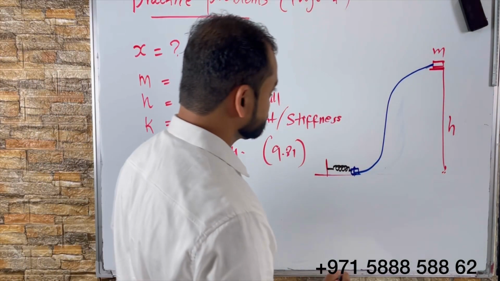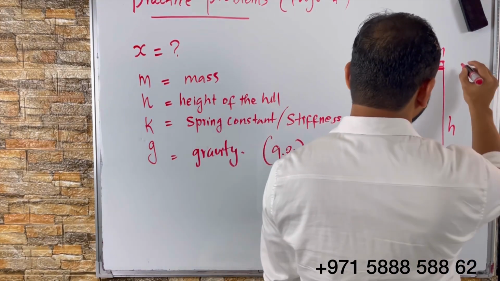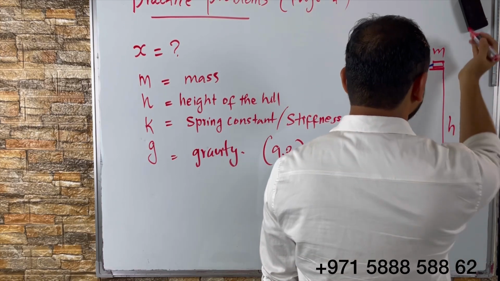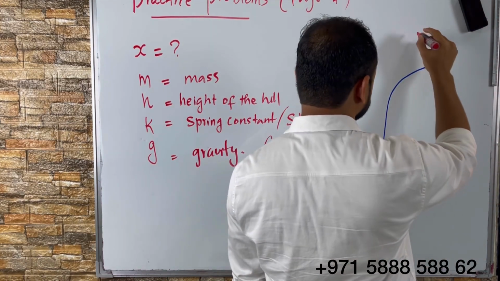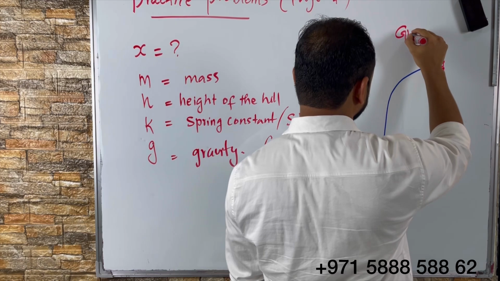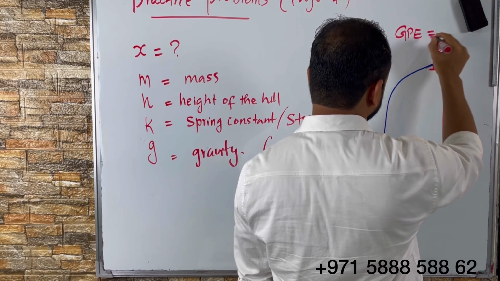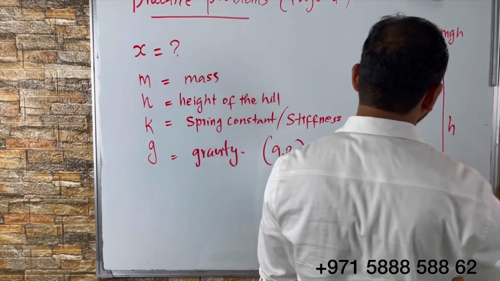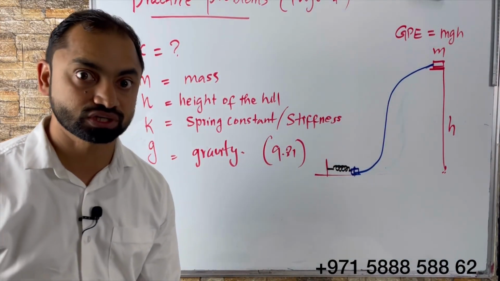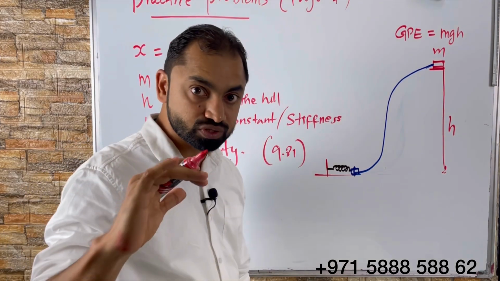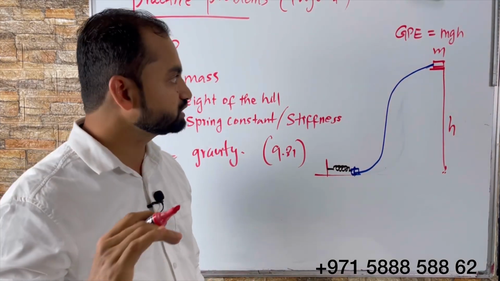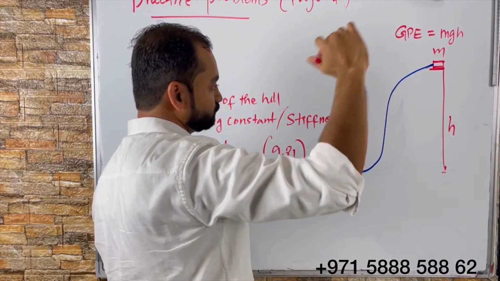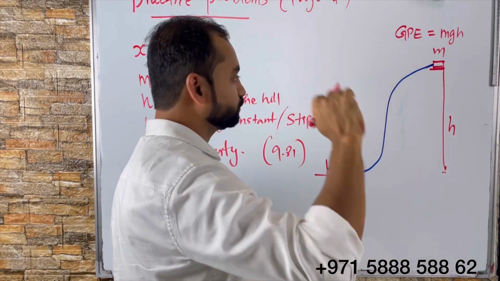So what happens here is the car is at a height h, so it will have gravitational potential energy. That gravitational potential energy is equal to mgh, where m is the mass of the car, g is gravity, and h is the height of the hill, and the car is on the top of the hill.